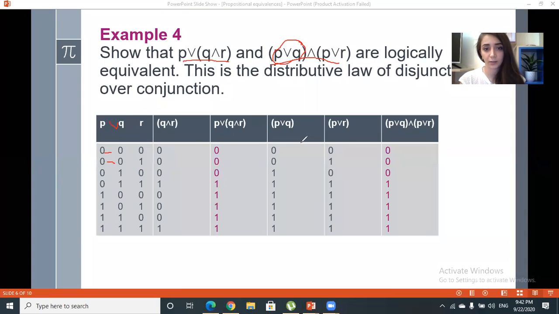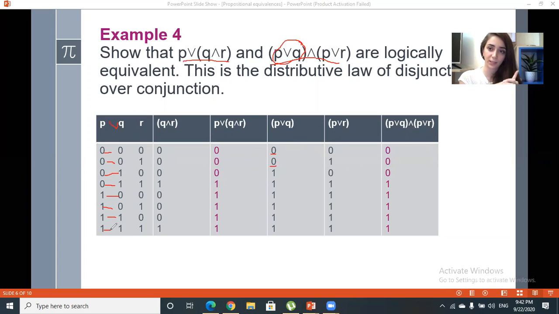You see, here is the result: 0, 0, 0, 1, 1, 1, 1, 1. In all the other rows, between the two substatements we have a 1.